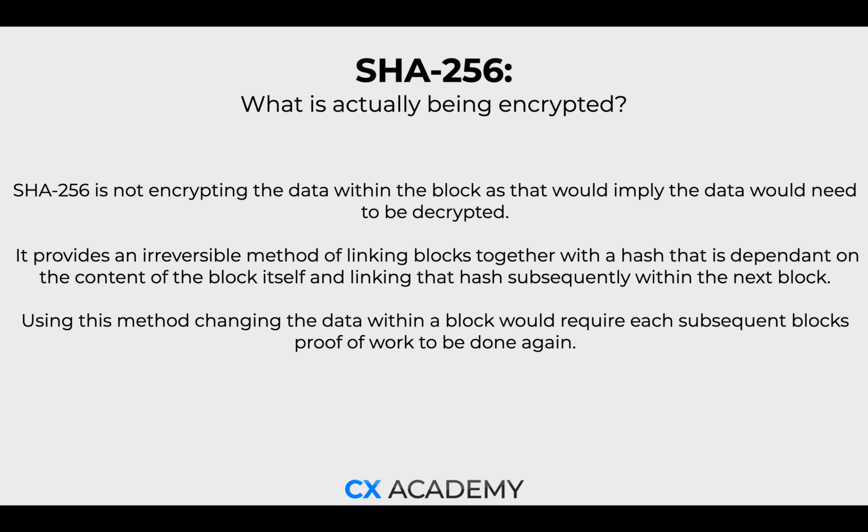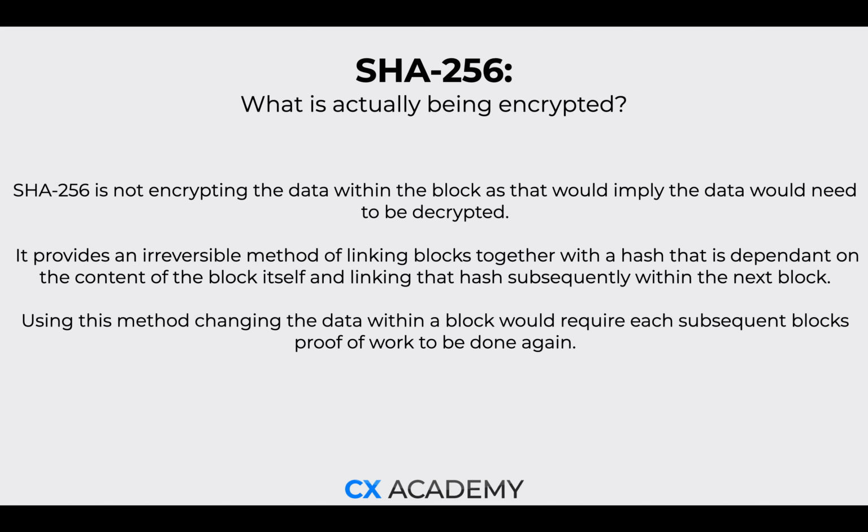So then, what is actually being encrypted? SHA-256 is not encrypting the data within the block, as that would imply the data would need to be decrypted, like we just said. It's one-way deterministic. It's simply designed to link all of the transactions on the blockchain together in one big Merkle tree hash function output, rather.